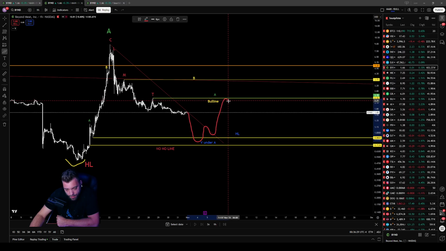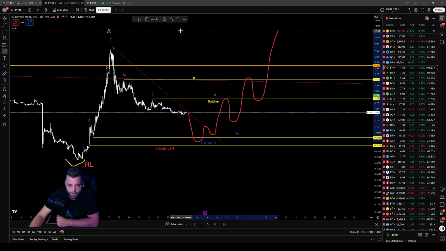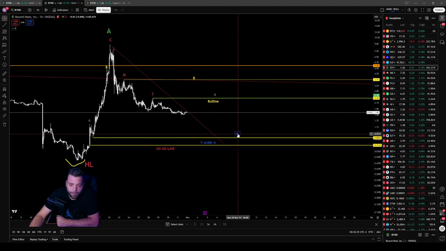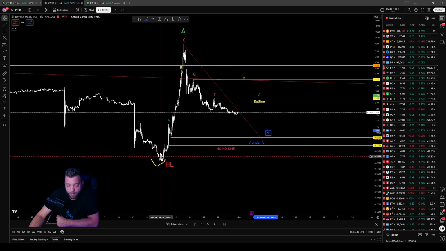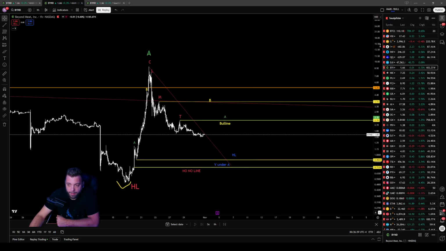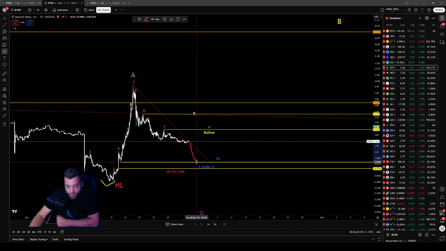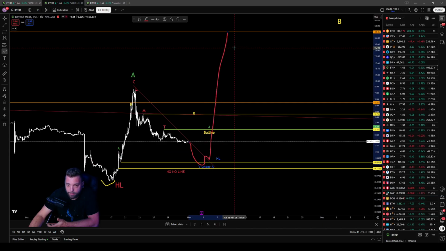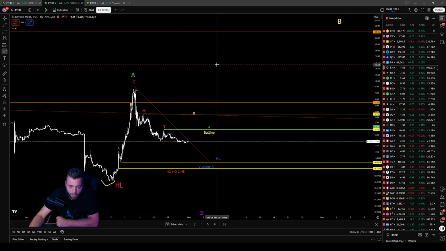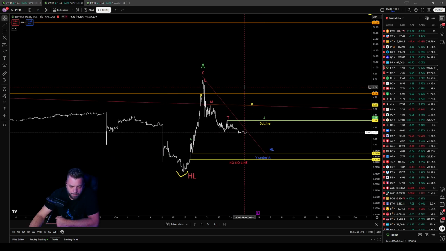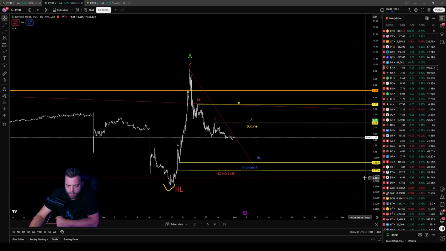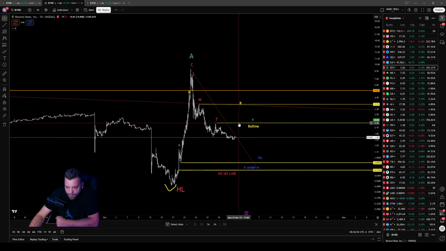Then we go to A pullback, B pullback, and then break. The thing is, it could be the same like we did here. And that would just mean wherever our bounce is, or whenever our bounce is, higher low, and then just go. Could be quick. For confirmation lines, I would say everything over 236 is bullish.